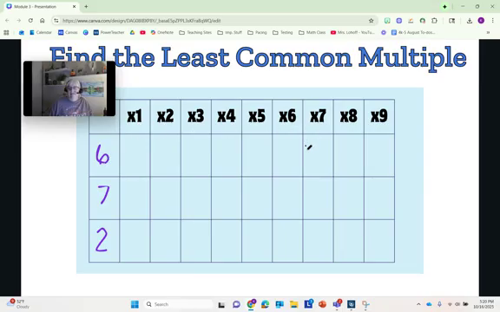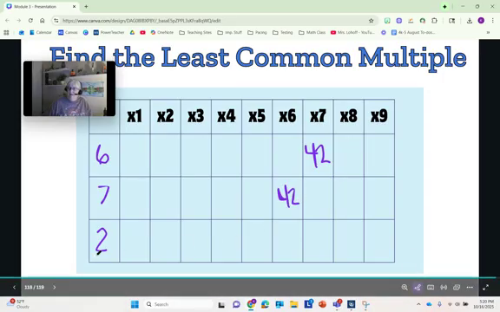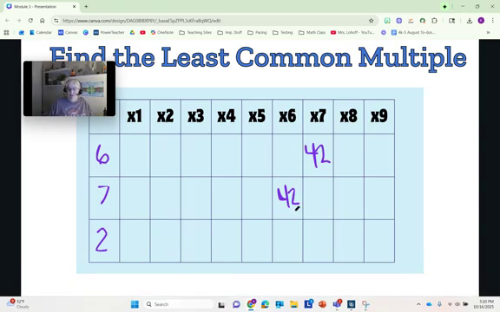6 times 7 is 42. And 7 times 6 is 42. Can I multiply 2 times something to get 42? Yeah, it's an even number, so I can. 2 times 21 is going to give me 42.